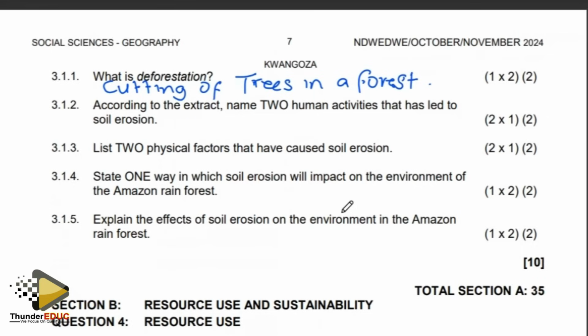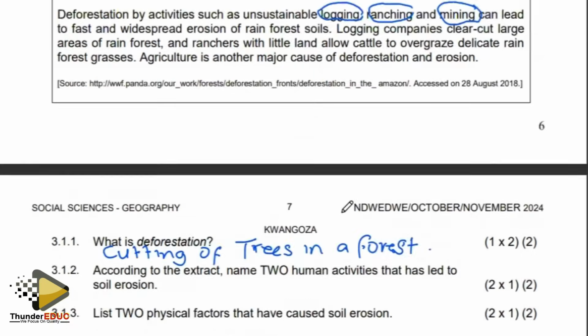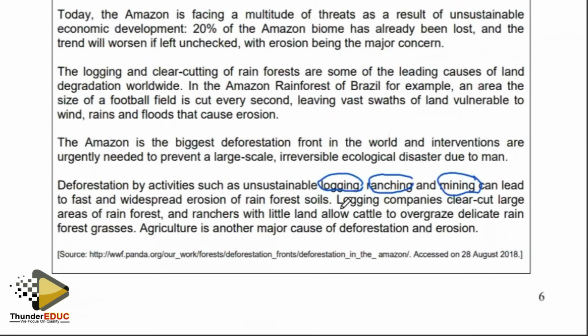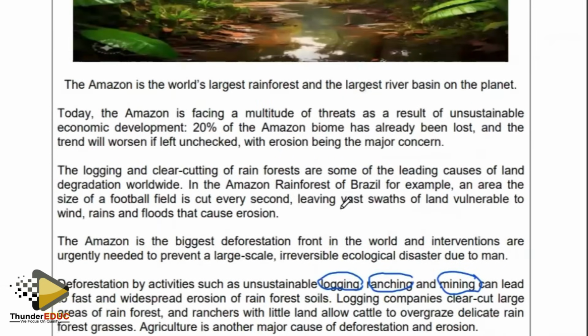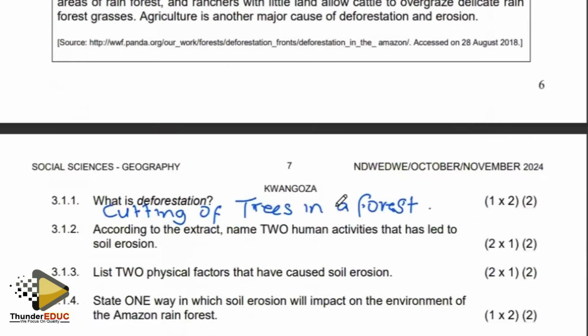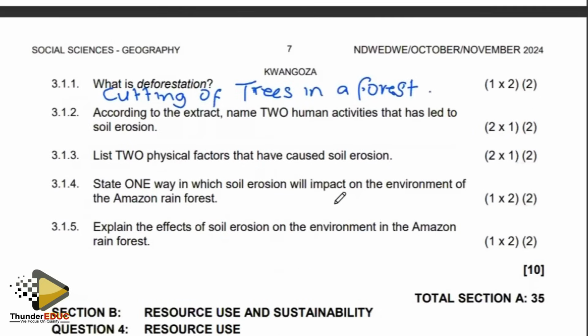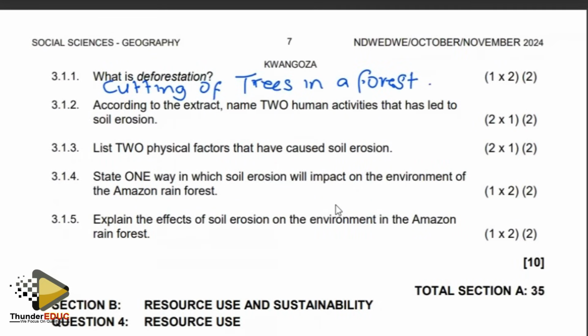List 2 physical factors that have caused soil erosion.